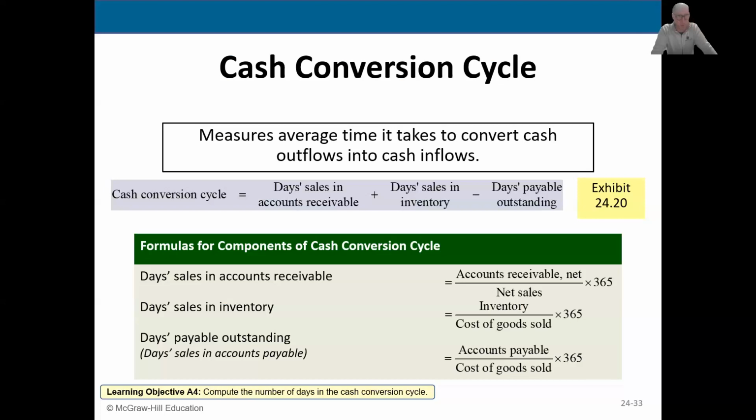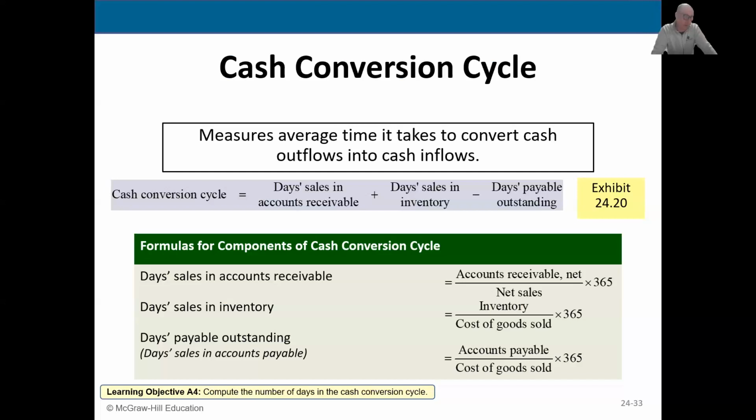You'll notice that there's three parts. You take days sales in accounts receivable plus days sales in inventory minus days payable outstanding, or days in accounts payable outstanding. So there's three different formulas that equal this one formula.